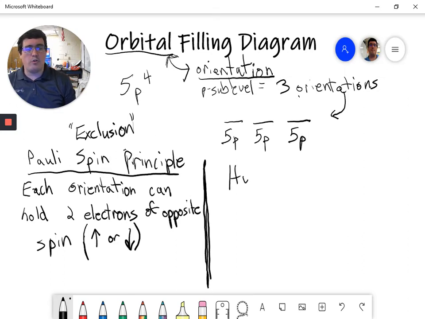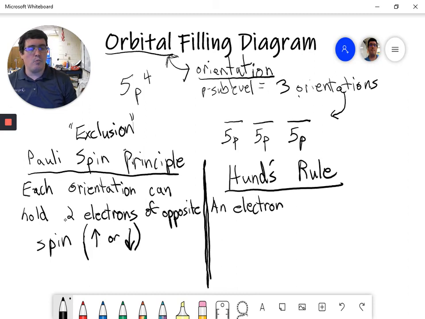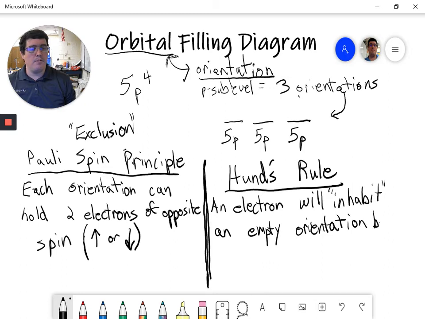And then we have another one called Hund's Rule, which states that an electron will "inhabit", and I'm going to put inhabit in quotation marks here, an empty orientation before it will inhabit a half full one.